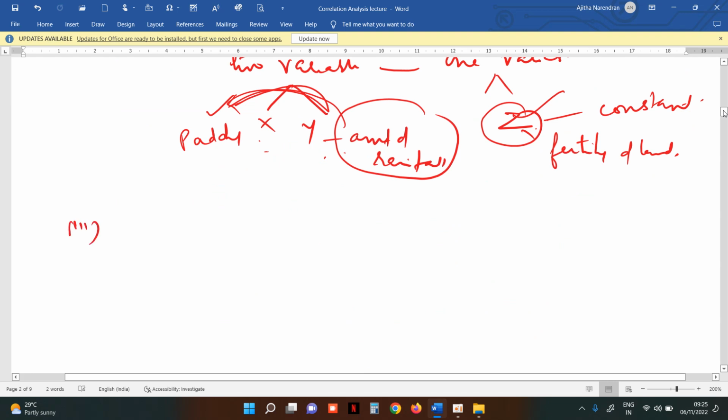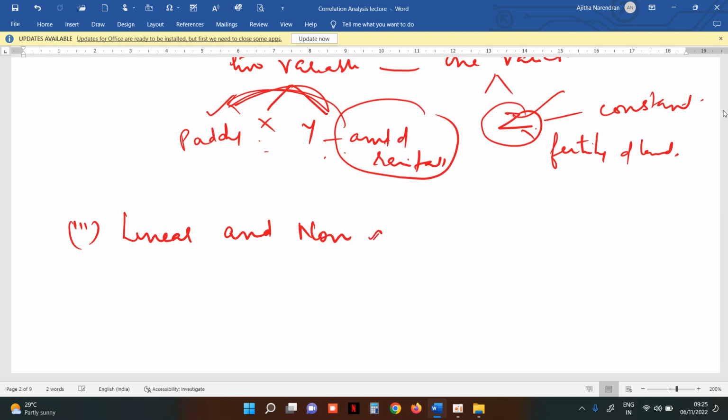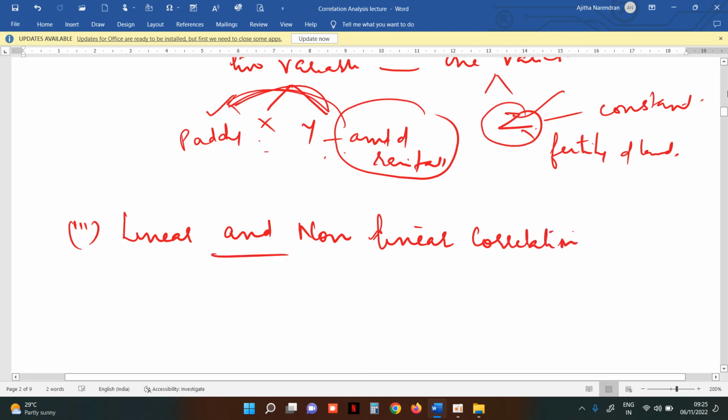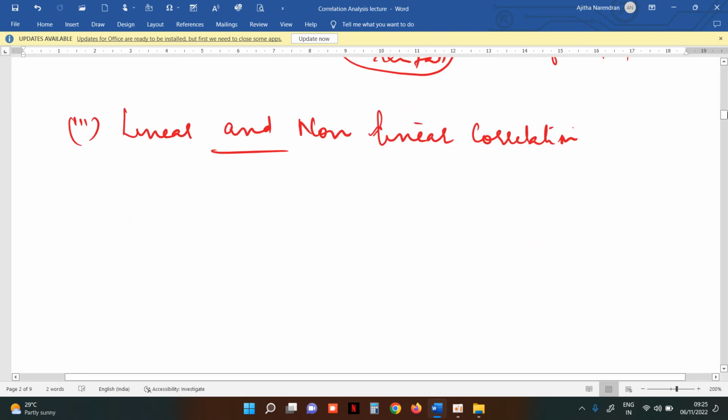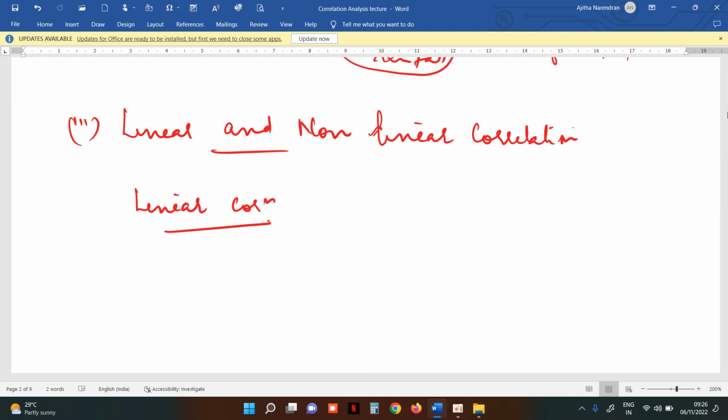The third one is linear and non-linear correlation. By the name itself, it is very clear. What is linear correlation? What is non-linear correlation?